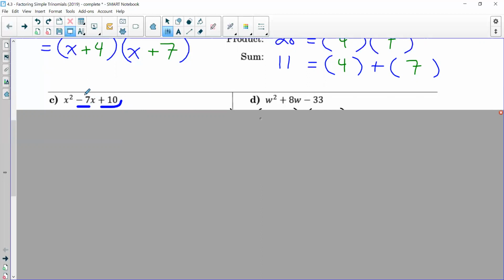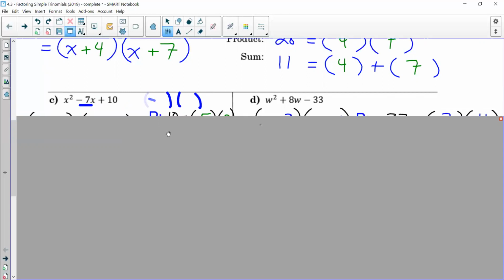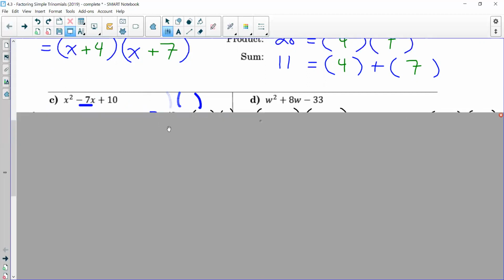Now, when they add to a negative and multiply to a positive, you have to keep in mind that two negative numbers will multiply to a positive, and two positive numbers multiply to a positive. The question is, do you want two negatives or two positives here? Well, if they have to add to a negative, it makes more sense to have the values be negative.